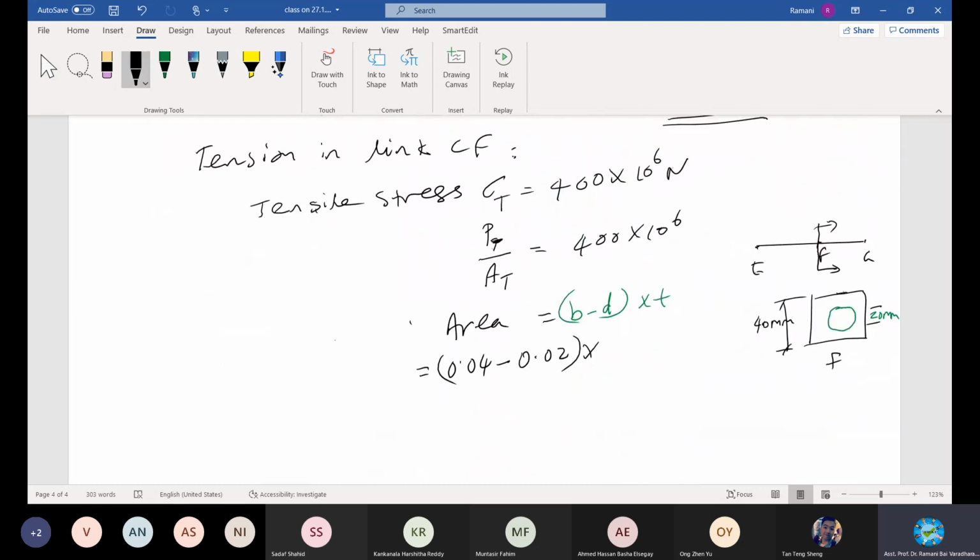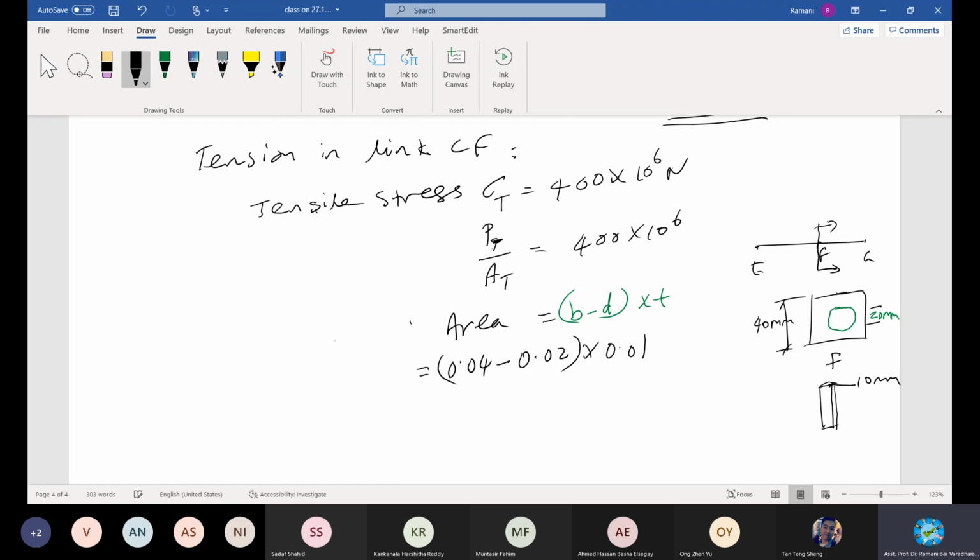If you draw one link, I draw the link also. The link is like this, okay. This thickness is 10 mm, so this is the portion subjected to the force. Hence the thickness will be 10 mm, which is 0.01.